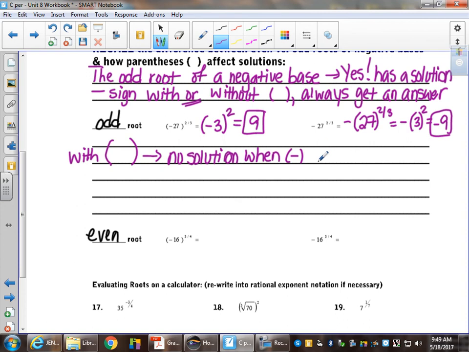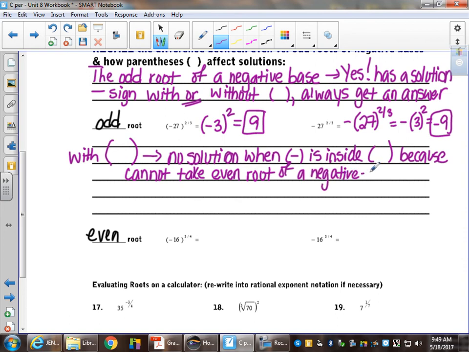When the negative sign is inside parentheses, because you cannot take an even root of a negative.